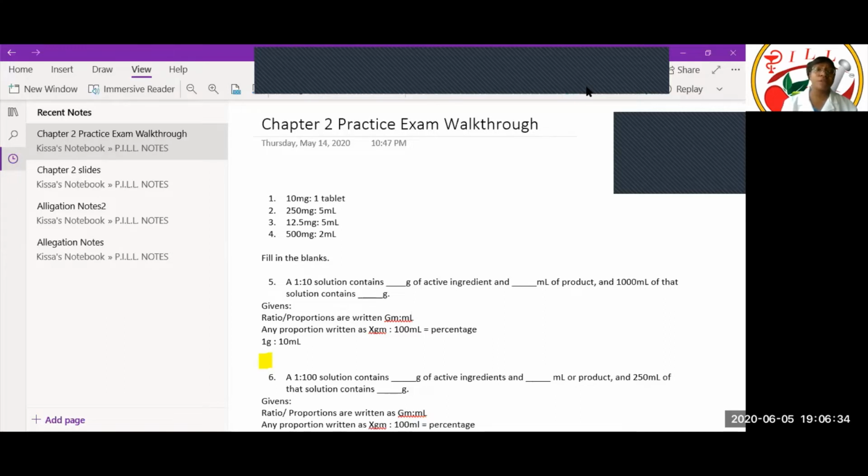So in this lesson, we're learning about the ratio proportion equation, which is commonly written as grams per milliliter. Grams is the weight and the volume is per milliliter. And when you're looking at a calculation problem, the second thing I wanted to mention is first identify your given information. Look at what has been given to you, whether you know how to solve the problem or not.